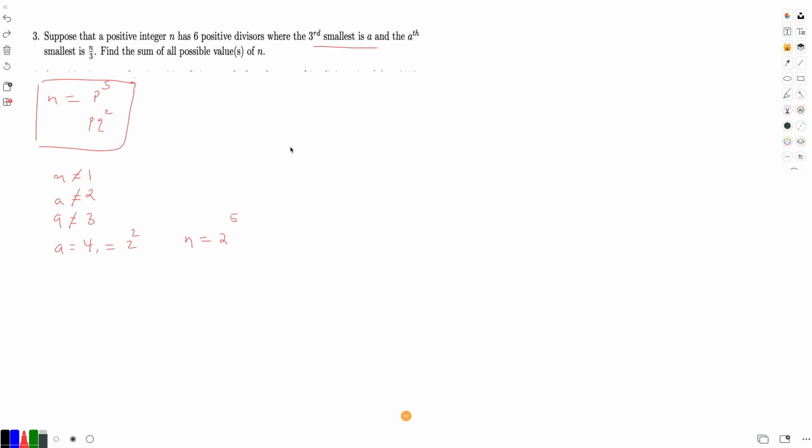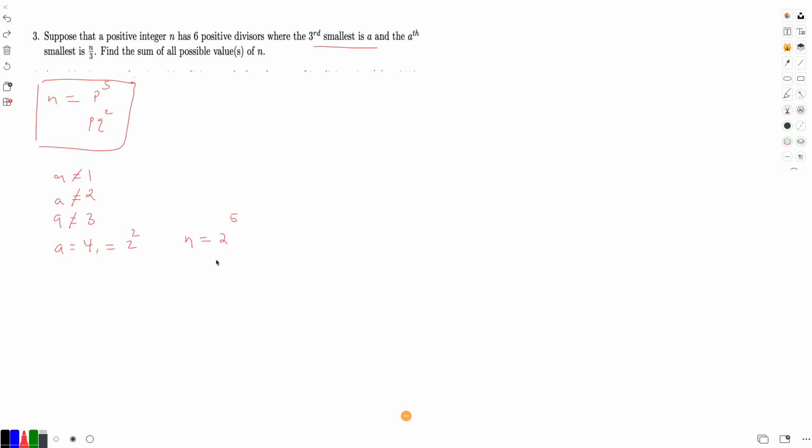Let's see if this checks out. The third smallest is a, which is 2 squared. That indeed is the third smallest: we have 1, 2, 2 squared. And then the fourth smallest is n over 3. Well, 2 to the 5th is not even divisible by 3, because it only contains one prime. So this doesn't work for this case.